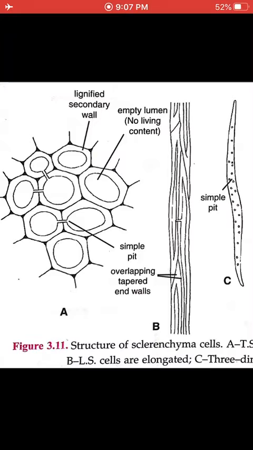So lignin is a complex polymer which acts as a cement and hardens the cell wall, due to which it provides flexibility and great tensile and compressional strength. Means they possess high tensile strength, due to which it provides mechanical support to the system. Now where do they occur? They occur as patches or definite layers.